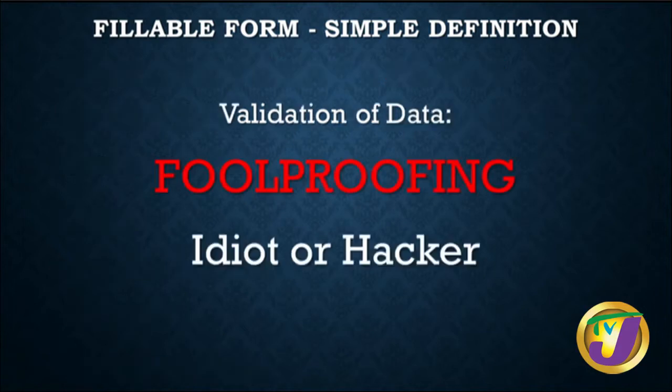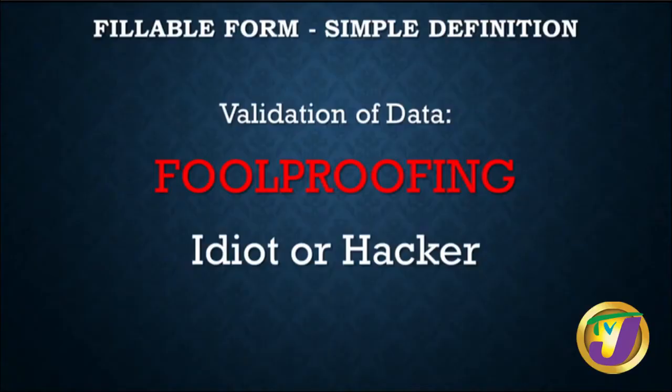But before we talk about how we create it, the first thing that we want to remind you of is the idea of validating your data. And I tell my students normally, whenever we're talking about validating your data, you want to ensure that it's foolproof. And this whole thing of foolproofing, you want to think of it from the perspective that the person who might be using your form is either an idiot or a hacker.